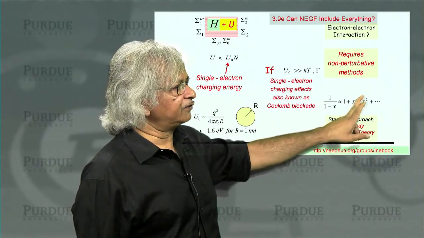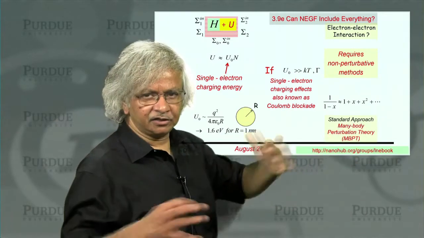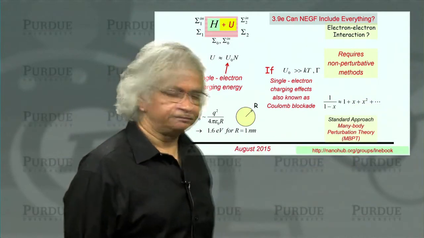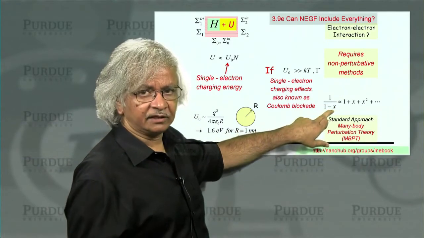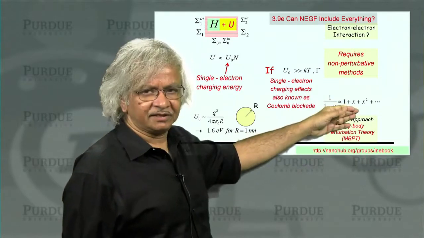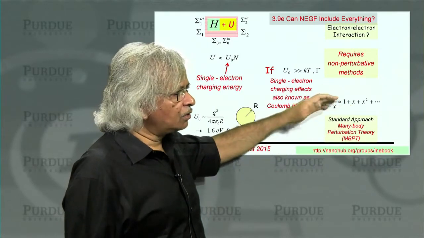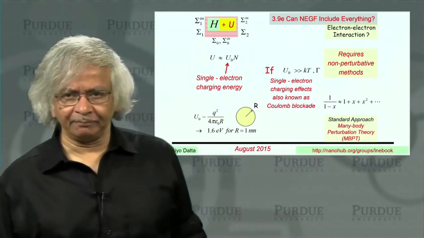And then you look at different terms in the expansion. Many-body perturbation theory tells you how to write down each term. This is fine as long as x is less than 1. But once x gets to be bigger than 1, this doesn't make much sense. And so a perturbative approach is not necessarily always applicable.